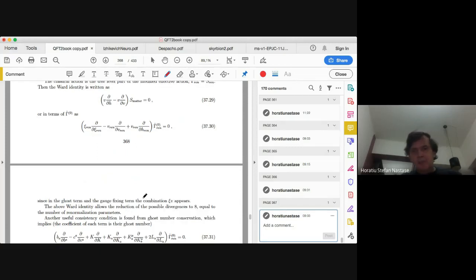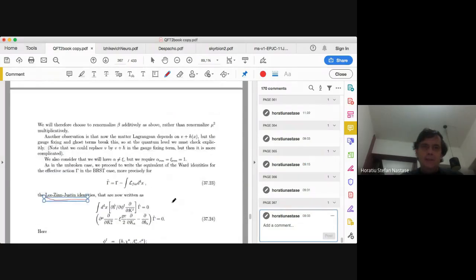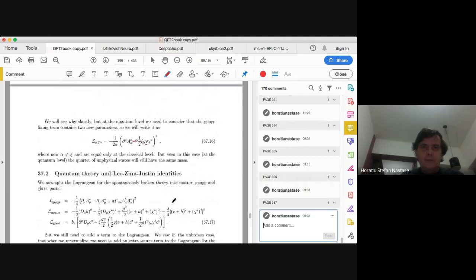In the gauge fixing term, we have this combination psi v, right? Remember, I wrote a different psi and alpha in here, but in the gauge fixing term I have psi times v.